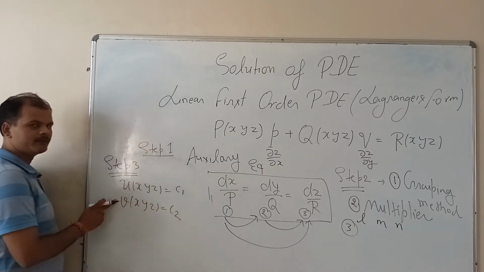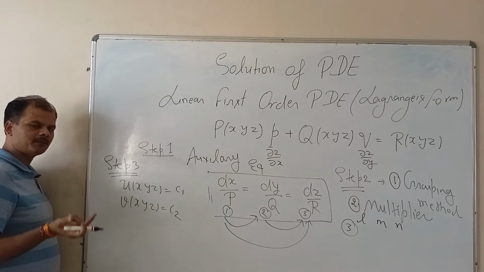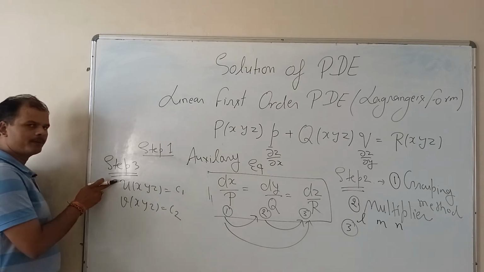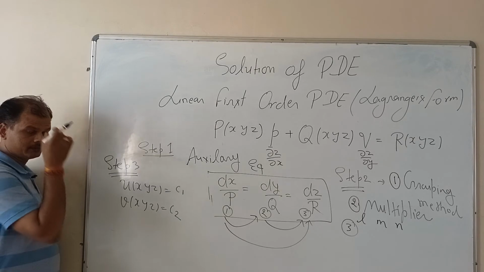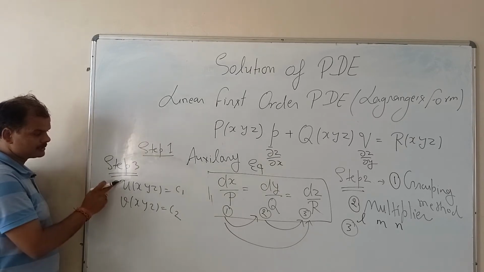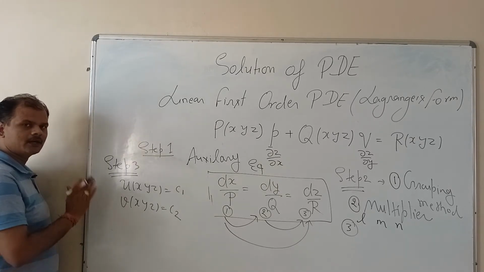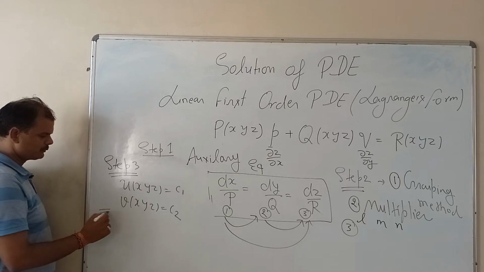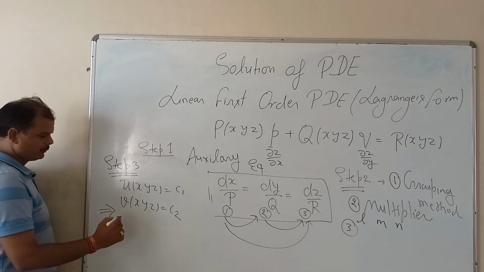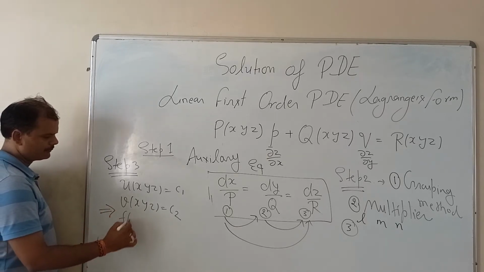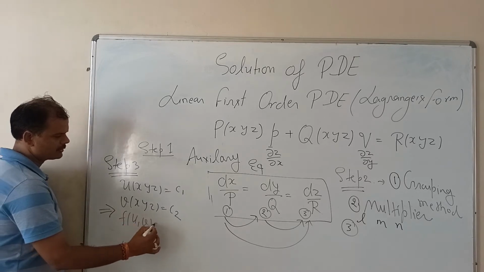This u and v we get by the grouping method or the multiplier method, or one by grouping and one by multiplier, whatever. Okay. So after getting u and v, we can write the final solution. We can write f(u,v) equal to 0.